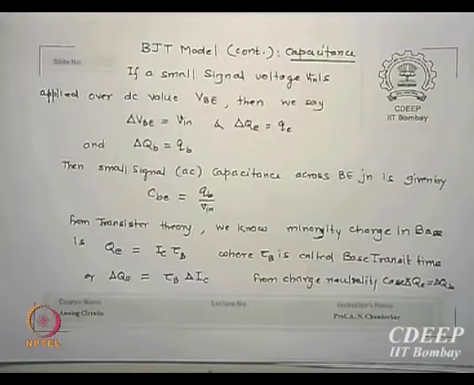So there is a finite time which we call base transit time. Please say transit time, it's not minority carrier time. It is the time taken from here to here. So whatever is received is collector current, so collector current times base transit time must be the charge injected from the emitter side.